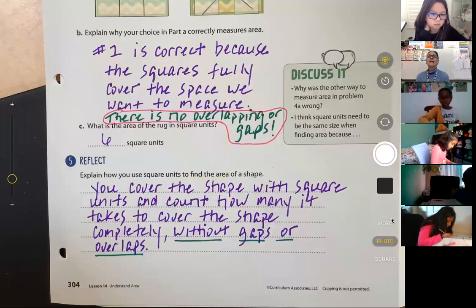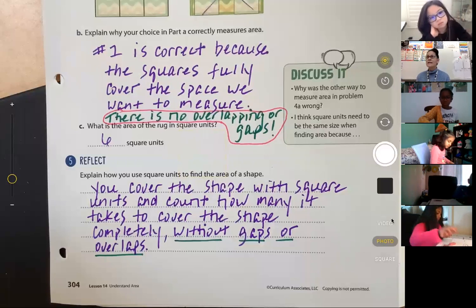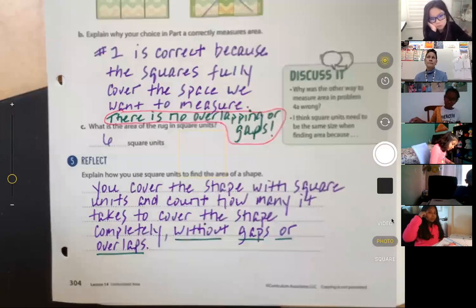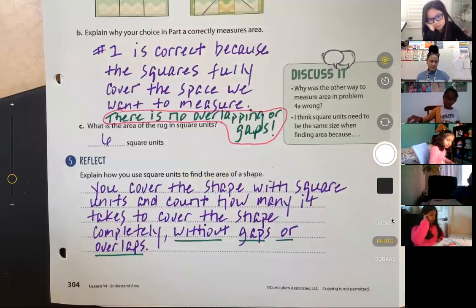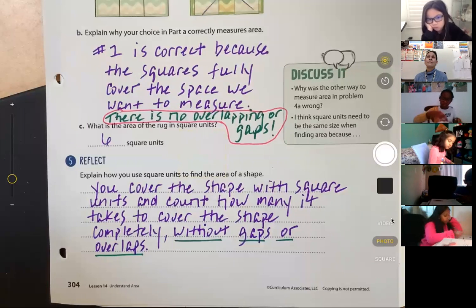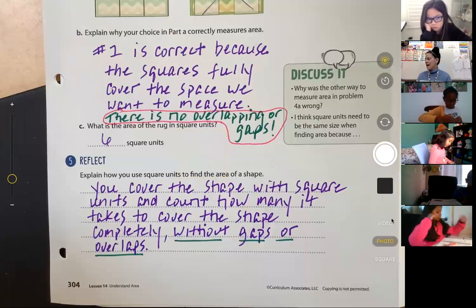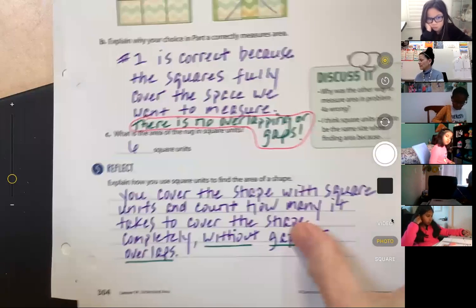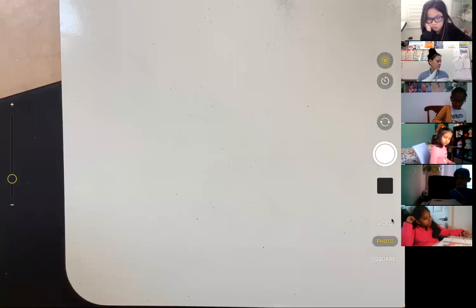I'm going to give you about 10 more seconds before I remove this from the projection. So again, we cover the shape with square units and count how many it takes to cover the shape completely without gaps or overlaps.